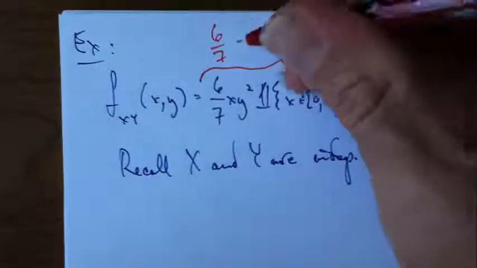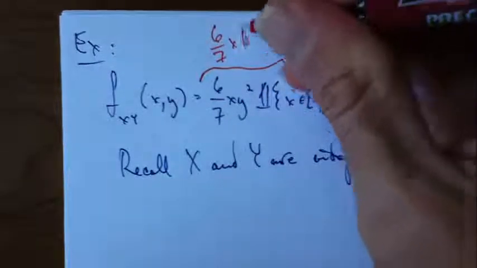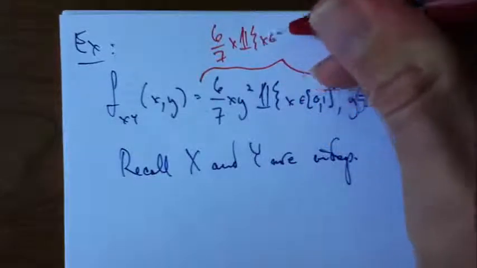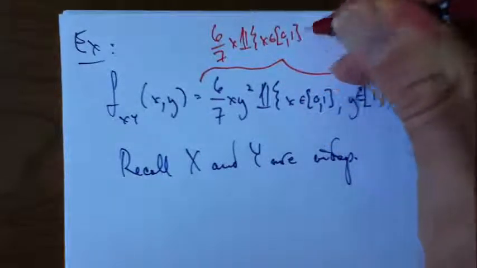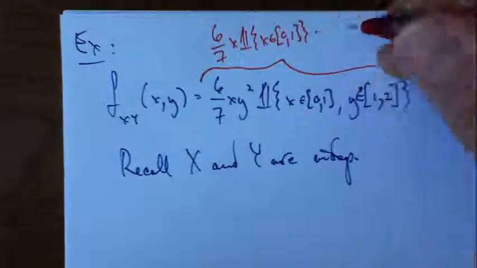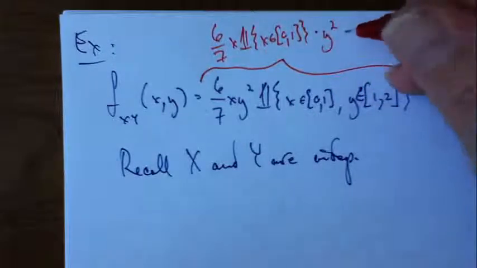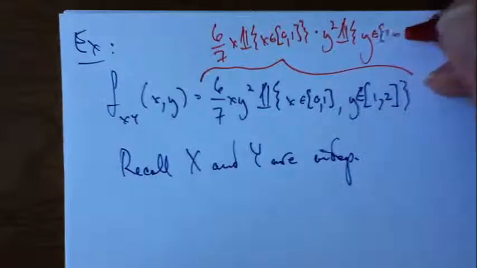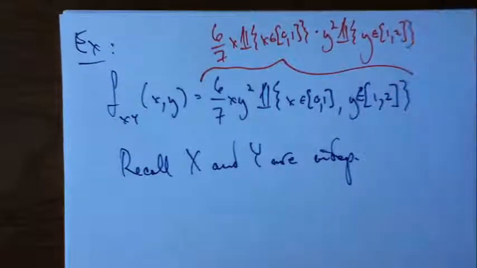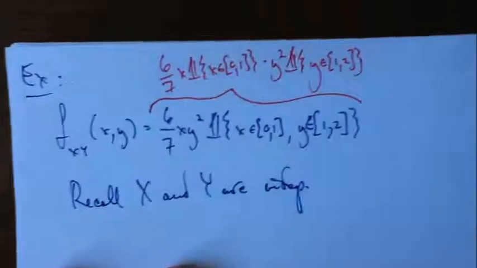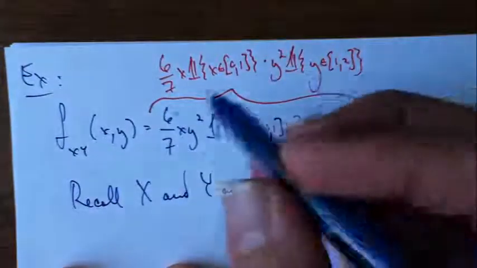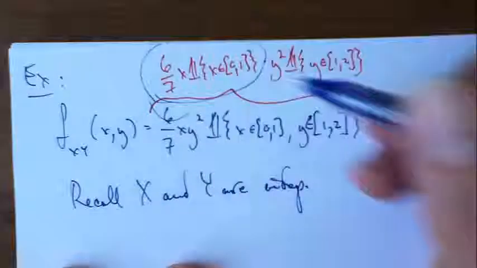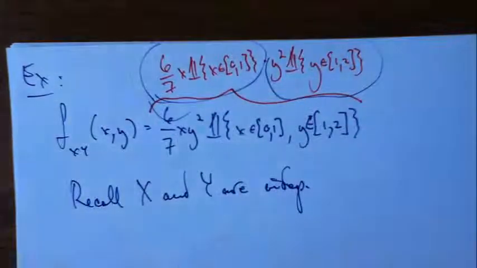So for example, here I've got 6/7 times x times the indicator that x is between 0 and 1, and then all that times y squared times the indicator that y is between 1 and 2. Okay, so in this case, yeah, sure, we can see by the theorem that they're independent. This is a function purely of x, and this is a function purely of y.